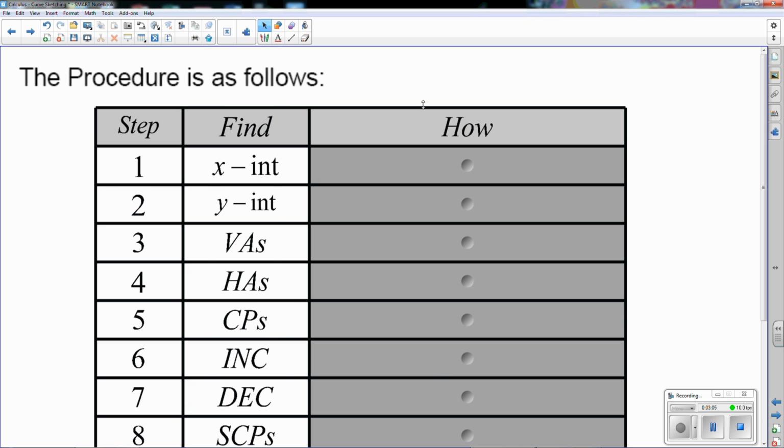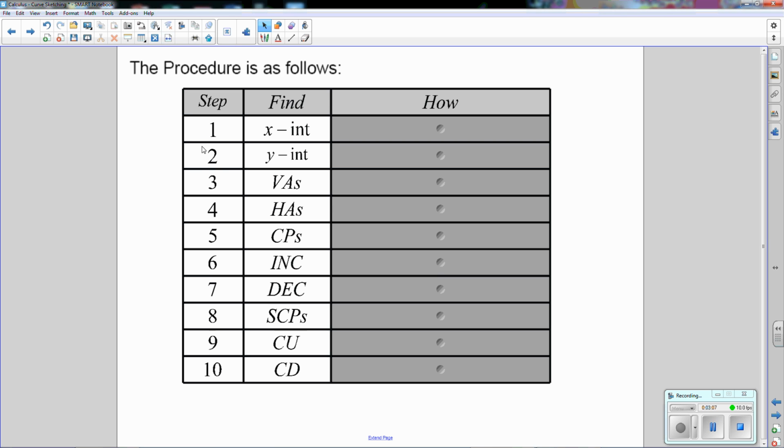So here I'm going to go back to full page view so we see the entire table. And these are all the things we need to find, intercepts, asymptotes, etc. So we ask our student, how do I find the x-intercepts of a function? When they've told us that we solve the equation f of x equals 0, then we reveal. How do we find the y-intercepts? We evaluate f of 0.